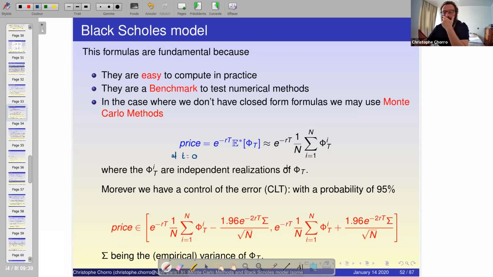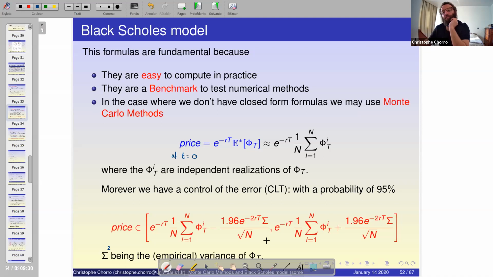From the central limit theorem, I will have a 95% confidence interval for the price of such a product that will take this form, where capital Sigma squared is the empirical variance of the payoff obtained, as I explained in the first part of the introduction.